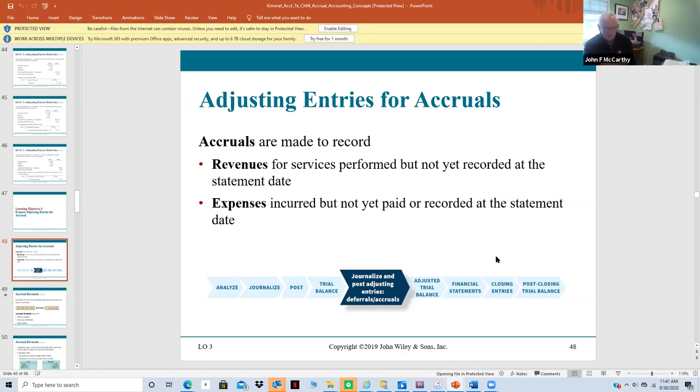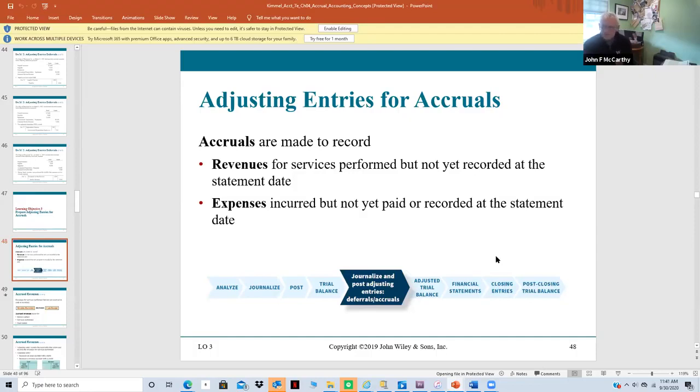Maybe because we haven't sent a bill out. That would be a common reason. Maybe because we had to calculate how much revenue we had earned. And expenses are incurred, but not yet paid or recorded at the statement date.